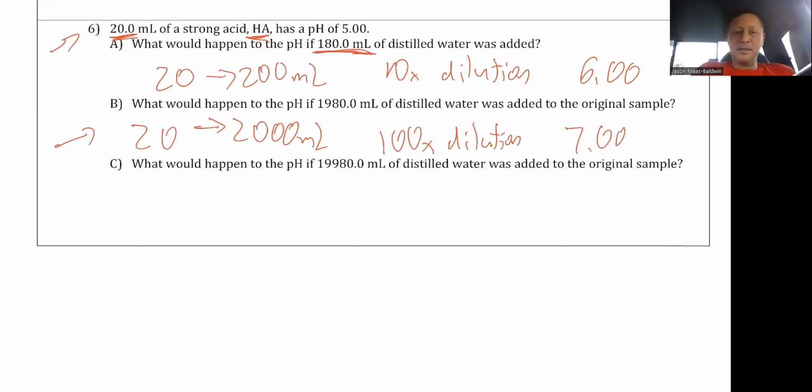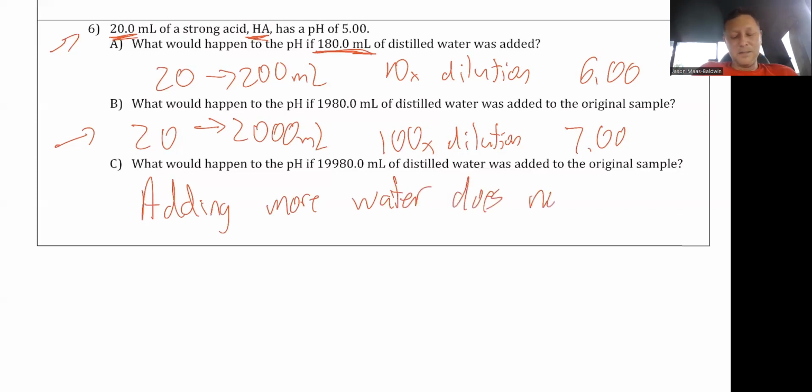Okay. And then this last one here is just saying once we get to a pH of 7, there's no more change. Adding more water does not change the pH.